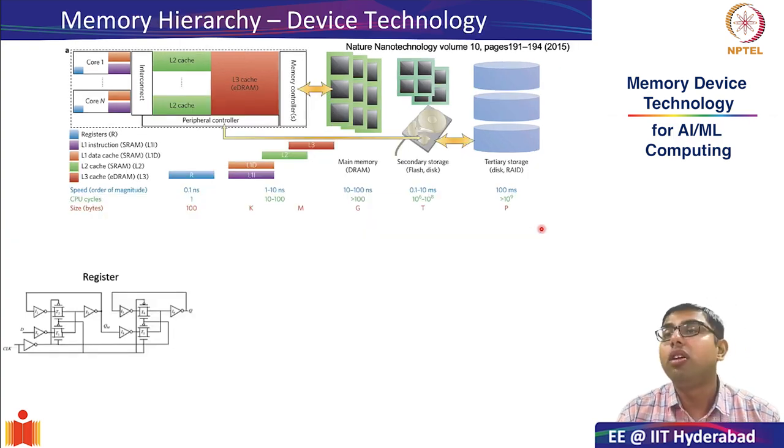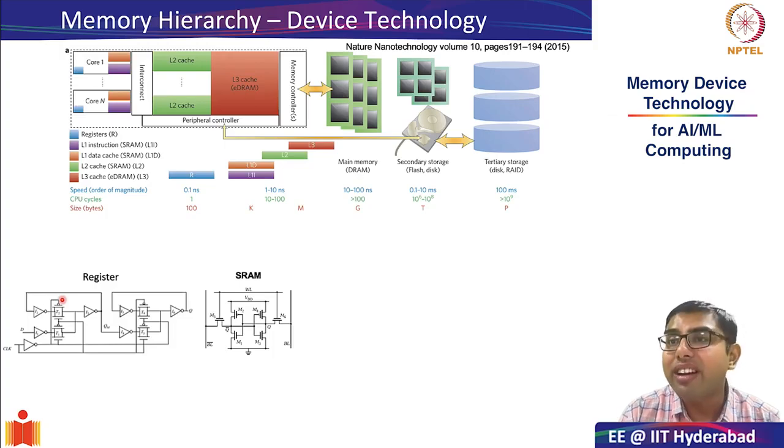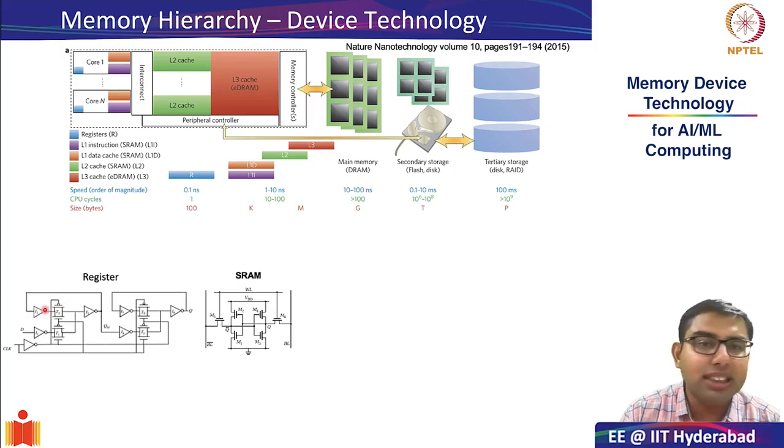The second thing we will look at is the device technology. We have already seen this several times, so let me run through this a little bit quickly. Your registers consist of your latches and flip-flops. Your SRAMs, as you can see, the footprint has gone down quite drastically from roughly 20 transistors.